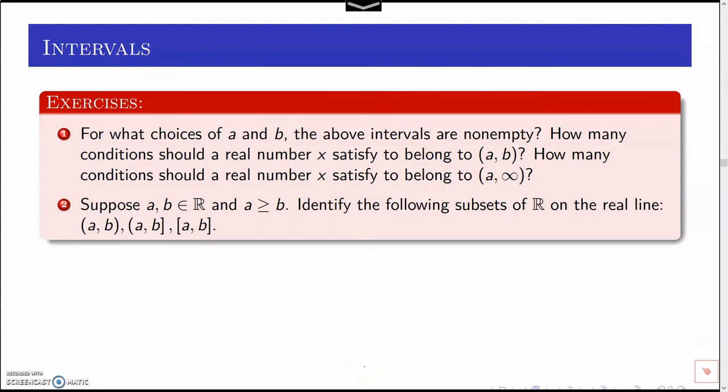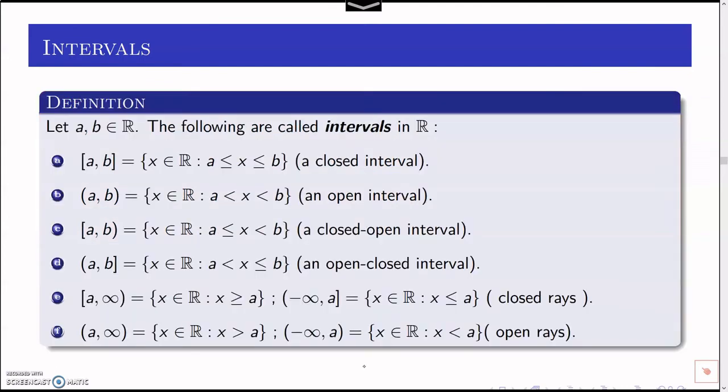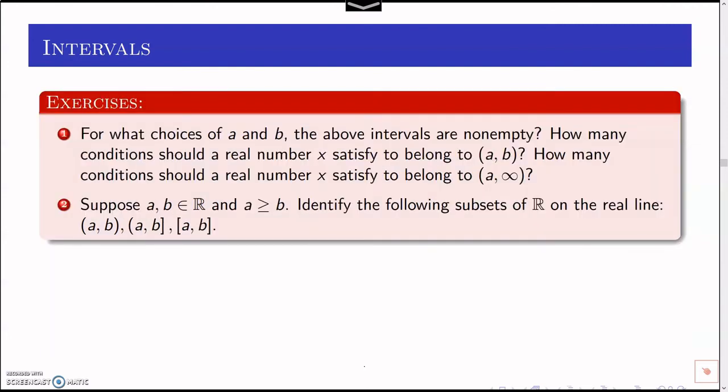Now these two exercises you all can try. Now when I'm talking about intervals, for what choices of a and b are the intervals on the previous slide non-empty? So for what values of a and b these intervals will be non-empty, that you all think. How many conditions should a real number x satisfy to belong to this open interval?